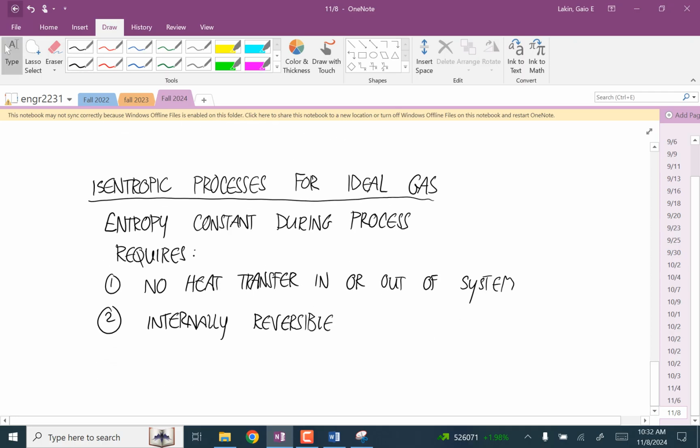Remember, internally reversible just means that inside the system there are no irreversibilities, none of those 7 things that I gave you as causes of irreversibility. Is this possible?